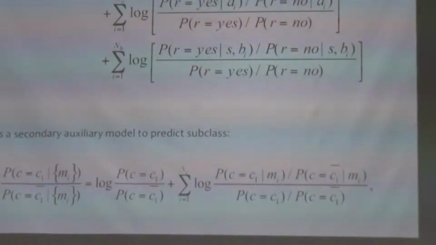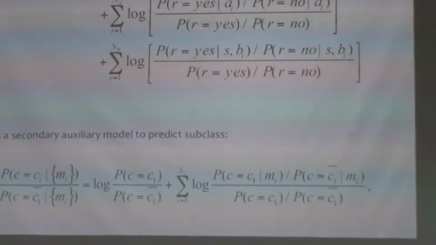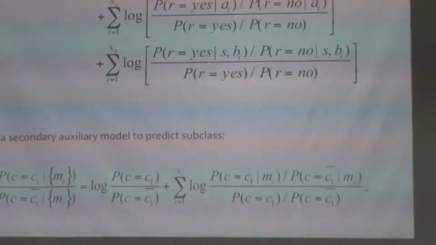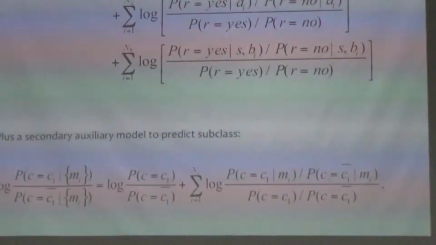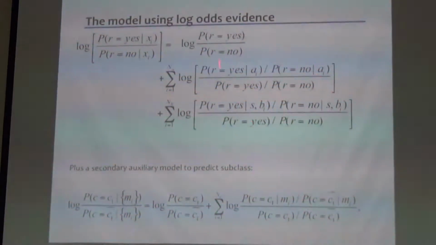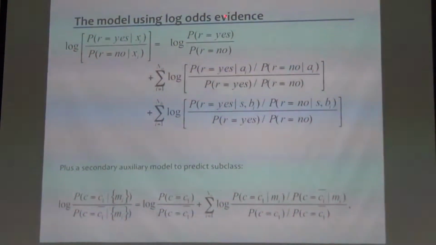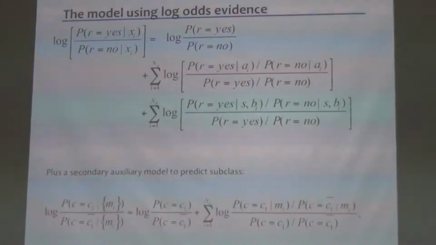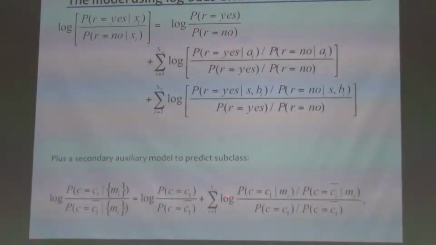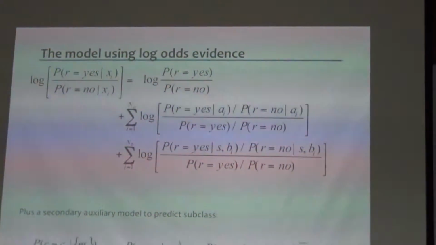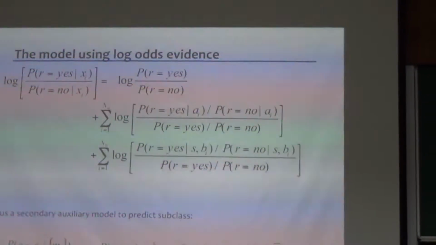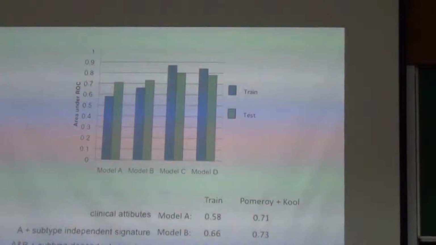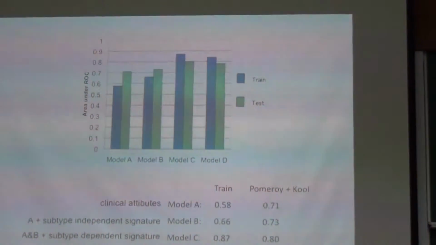So how do we do? This is the model. The model itself just is a simple Bayesian log odds model, right? Nothing fancy here. And the features, as we said, and the auxiliary model to predict subclass, which is also log odds evidence. So here are the results.